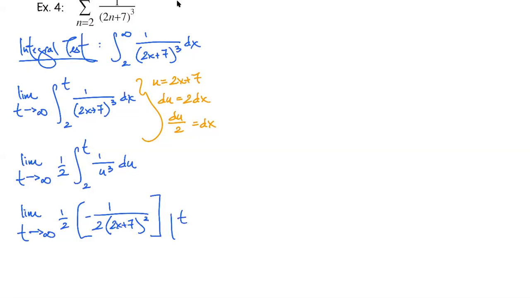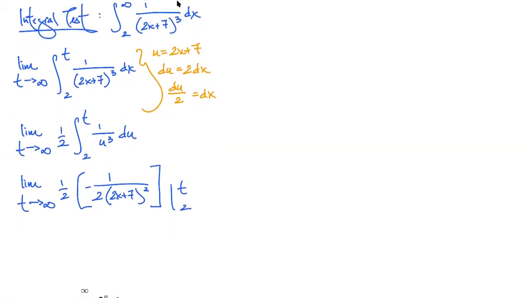And we're going to plug in t, and we're going to plug in 2. Okay. I'm going to go ahead and bunch up all my constants. So like this 1/2 and this negative 1/2, I'm going to pull out to the front.